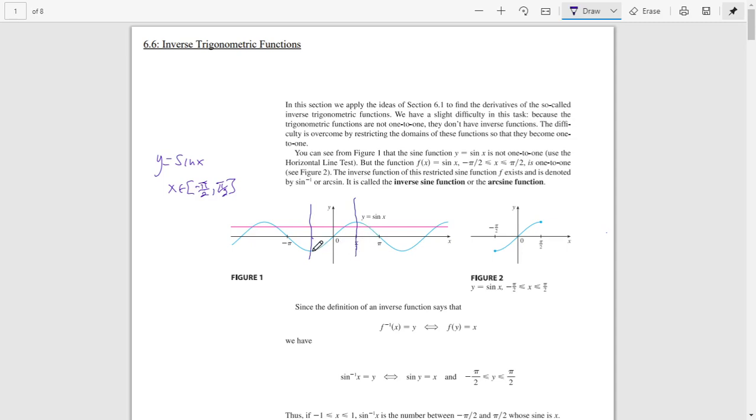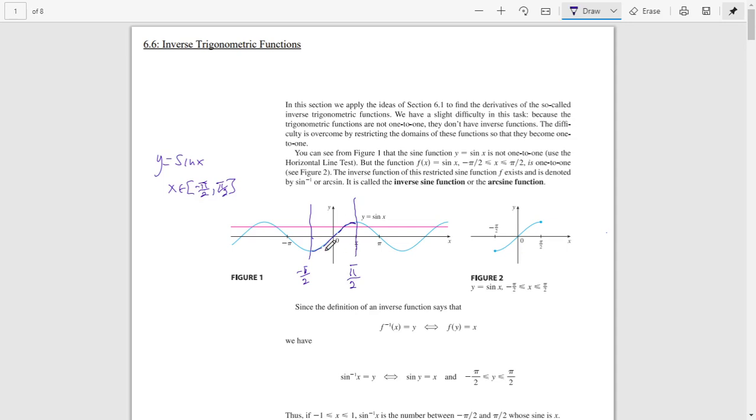Notice that this curve in here actually passes the horizontal line test, and so the sine function between negative pi over 2 and pi over 2 is actually one-to-one.